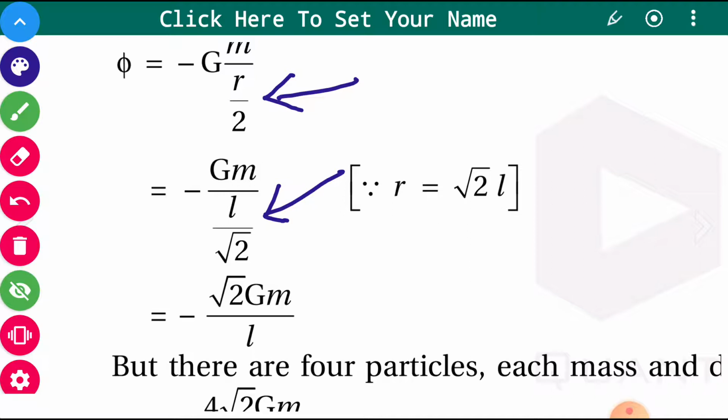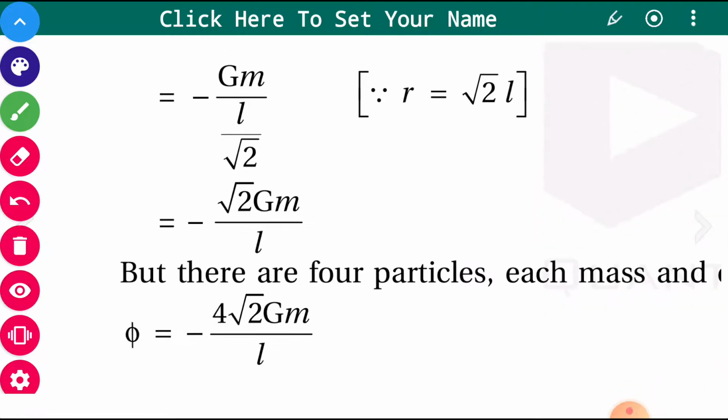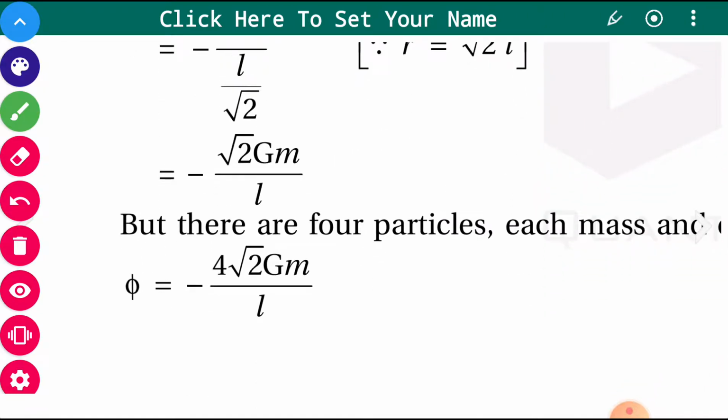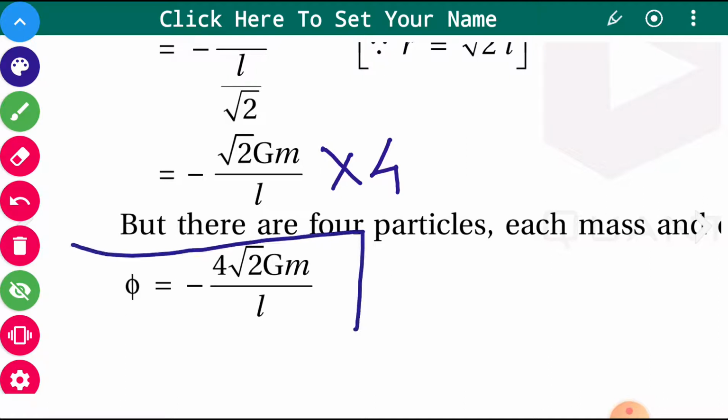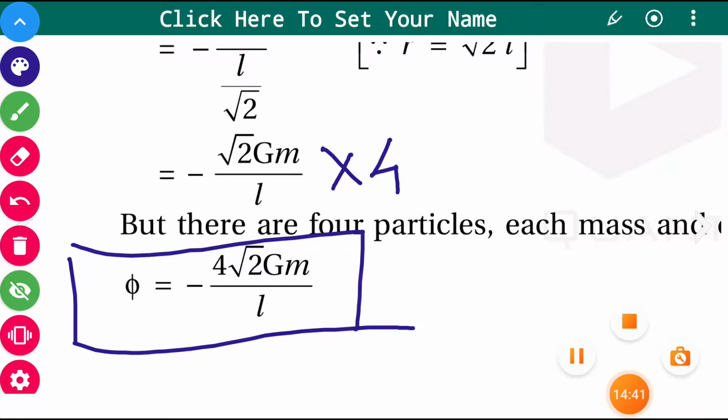So root 2 is coming in the numerator, so it becomes minus root 2 Gm upon L. And there are 4 such particles. So multiply this by 4, then you will get minus 4 root 2 Gm upon L. Okay, so this will be the potential at the center of the square.